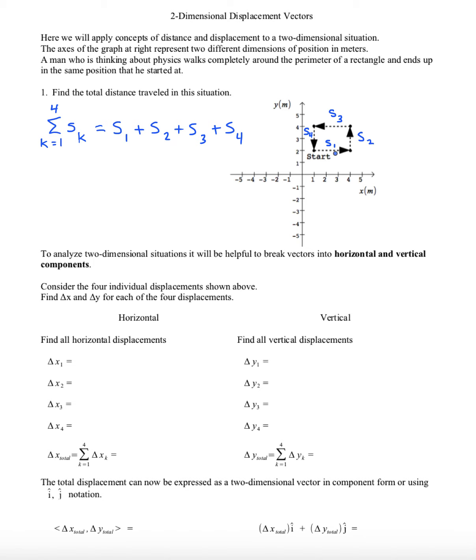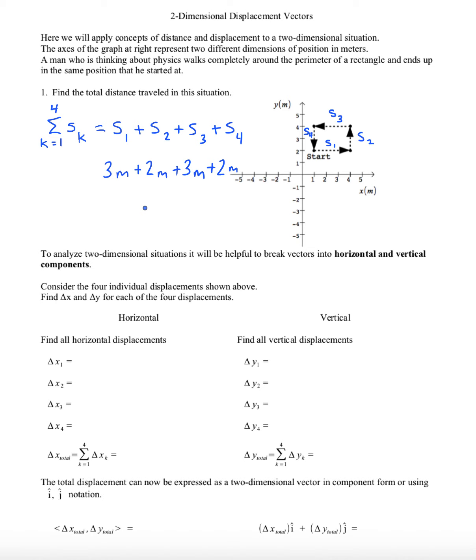So the distance for the first movement is about 3 meters. The next one is 2 meters. Then we have another 3 meters. And finally, just 2 more meters.